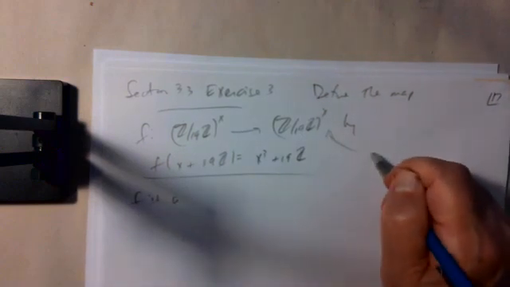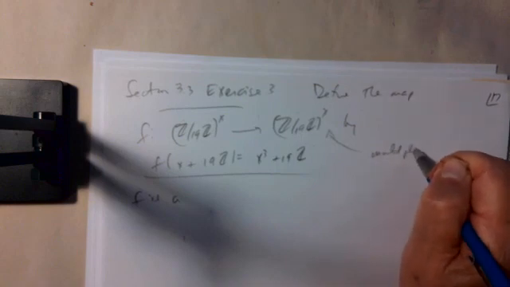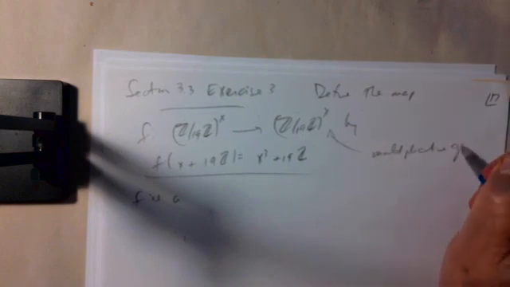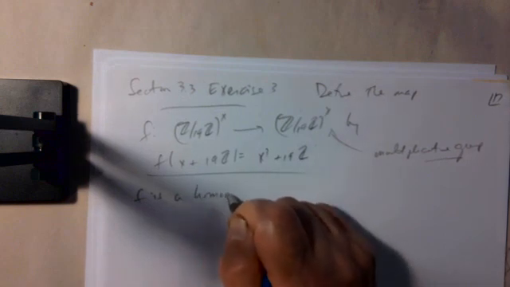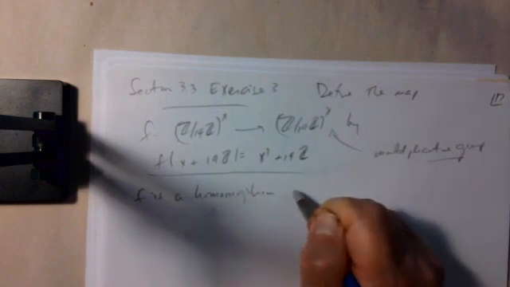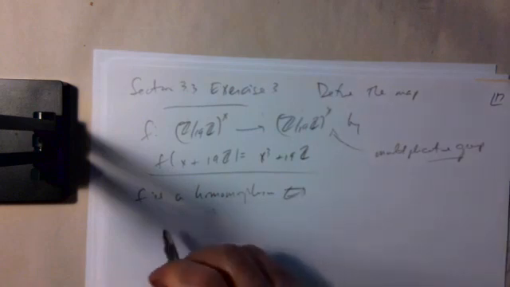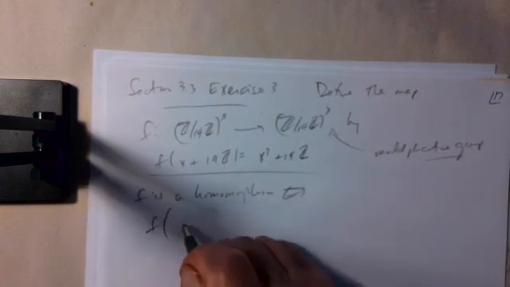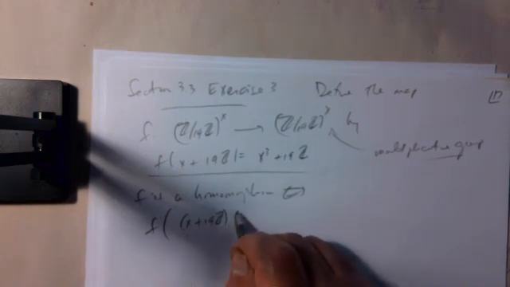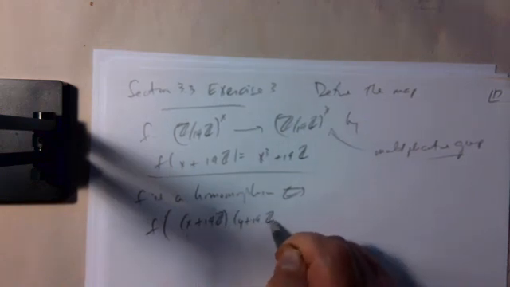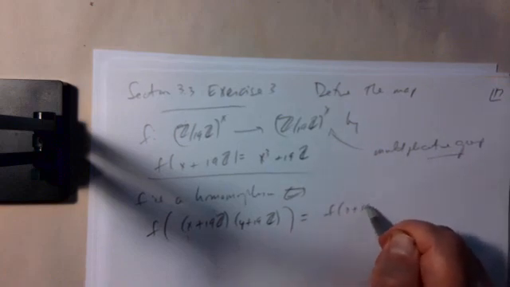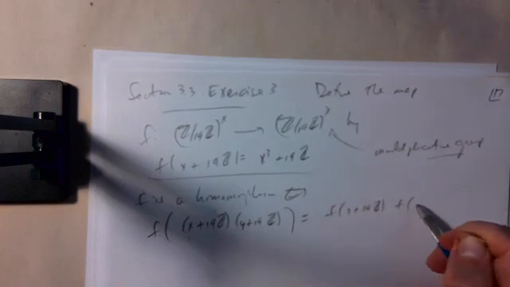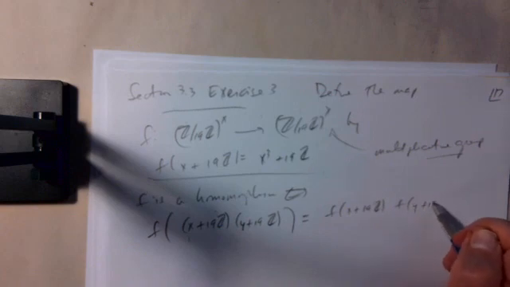So this is a multiplicative group. And to say f is a homomorphism, if and only if I take f applied to the product of two congruence classes, that's f of the first times f of the second.